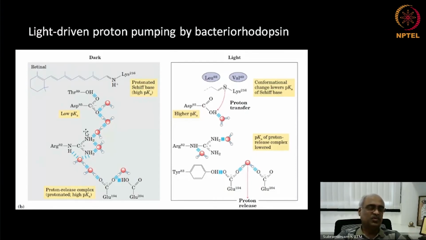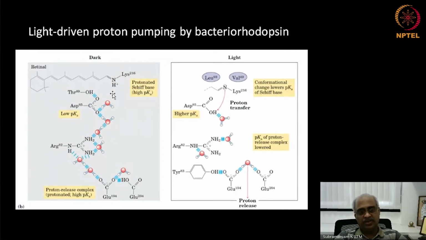So in this protein, here this is the retinal molecule, and in the dark condition, this lysine side chain, this protonated Schiff's base, has a high pKa that is ensured by the protein conformation.